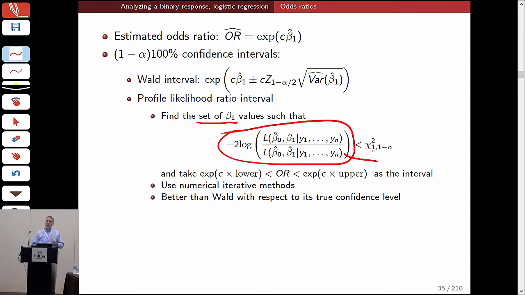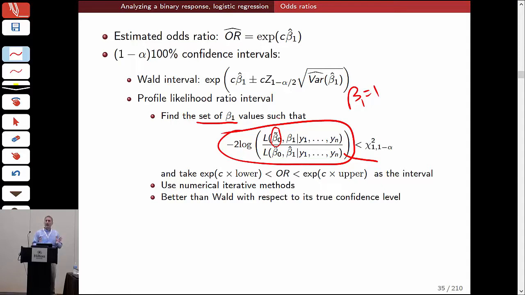Now, the numerator, though, is as follows. Let's say, for example, beta 1 is equal to 1. If I fix beta 1 to be 1, let's find what the maximum likelihood estimate then would be for beta 0. That's what I denote by beta 0 tilde.